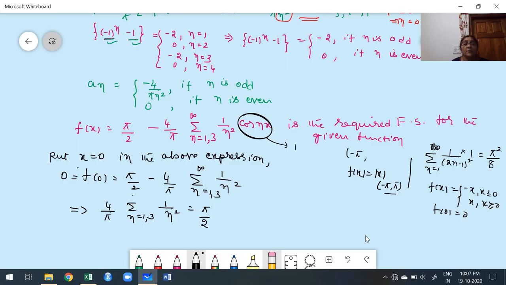Now we have to take cross multiplication. Summation over 1, 3 means only the odd values are considered. This implies summation over only the odd values of 1 by n square must be equal to pi square by 8.